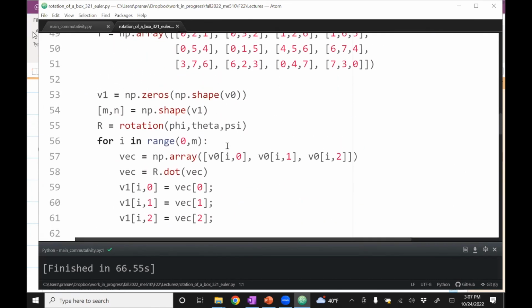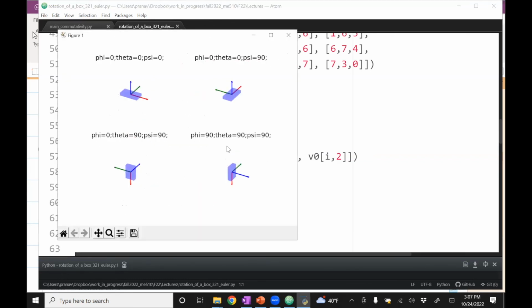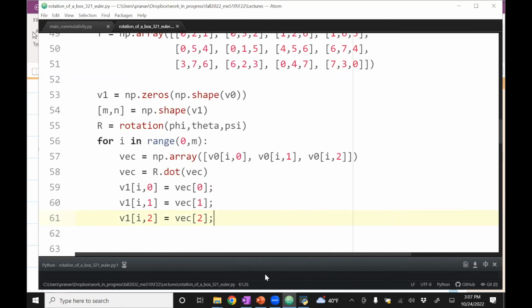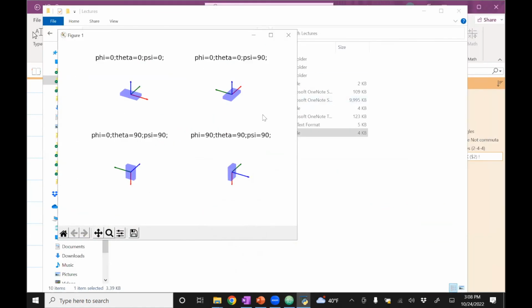Okay, this code does something more than that. It takes a box like the one I showed you and does three rotations. So run this. This is showing three rotations. You start with the same object as earlier, rotate by 90 degrees about the z axis, so blue.